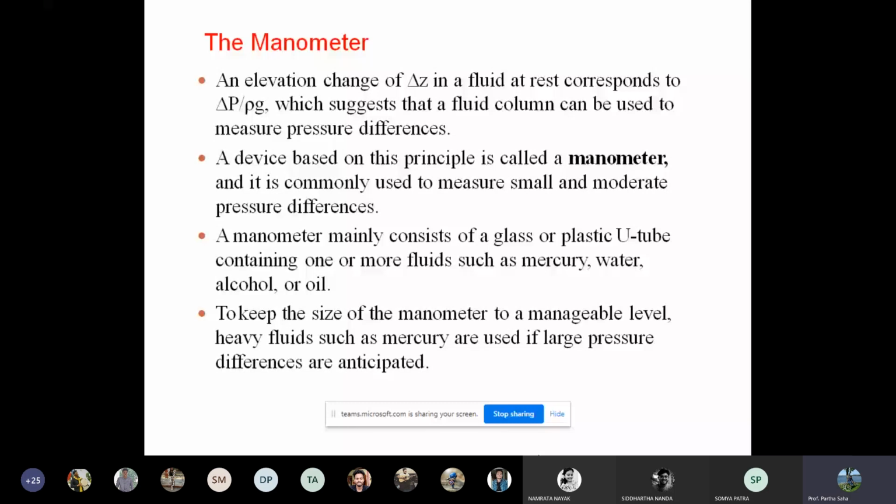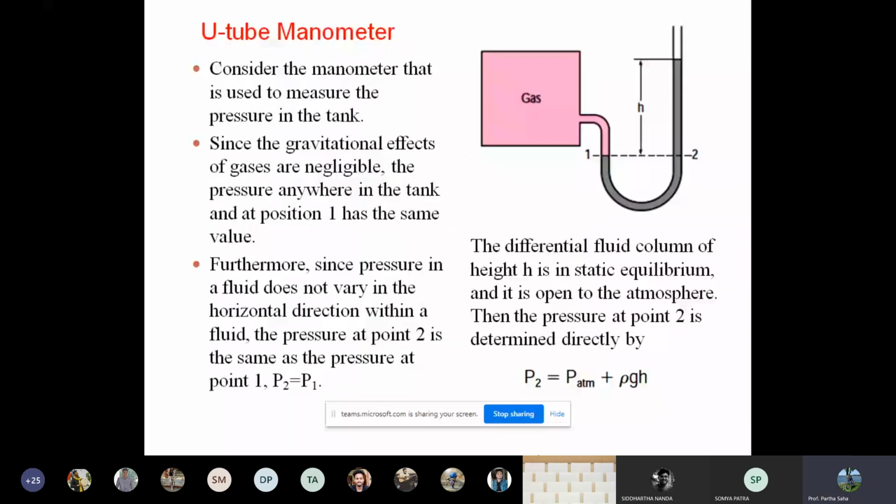So let's look into this example first. As you can see from this schematic diagram, the tube has gas filled up on one side, and on the other side there is a liquid elevation. If you take 1 and 2 as the datum line, the horizontal line, the elevation of the height is h, right?